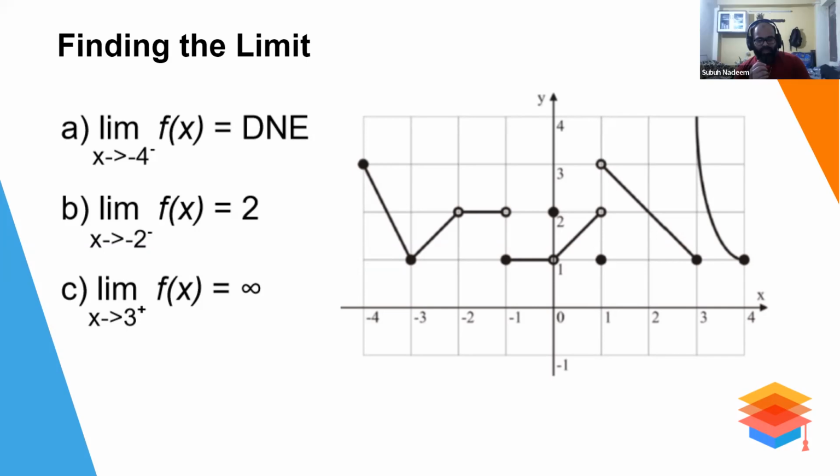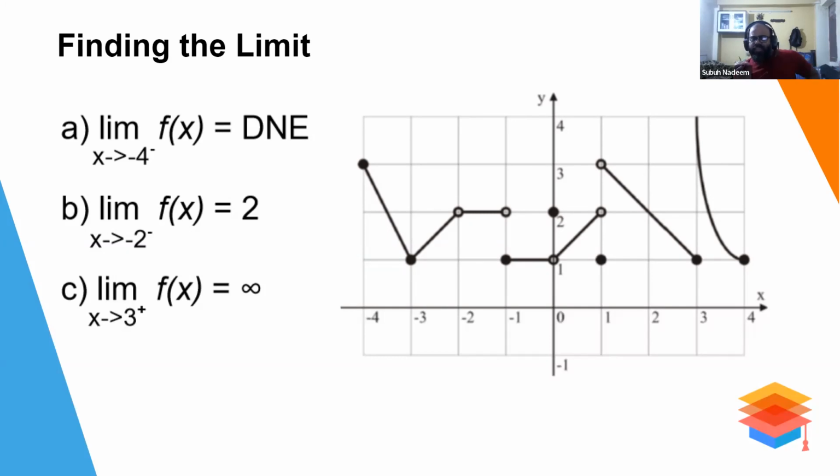Limit x approaching -2 minus. So just see -2 there. Yes, sir. And left of -2, what is the output? I think -3 and -4. No, no, output. Output is on the y-axis.